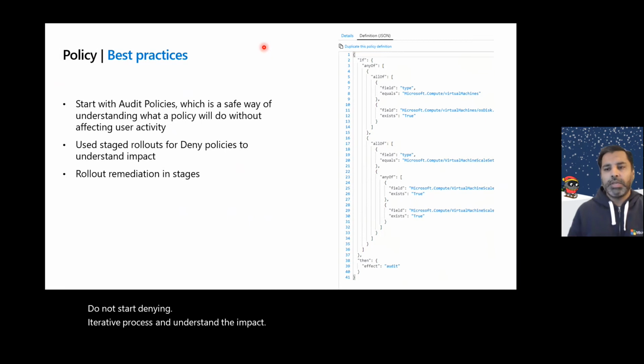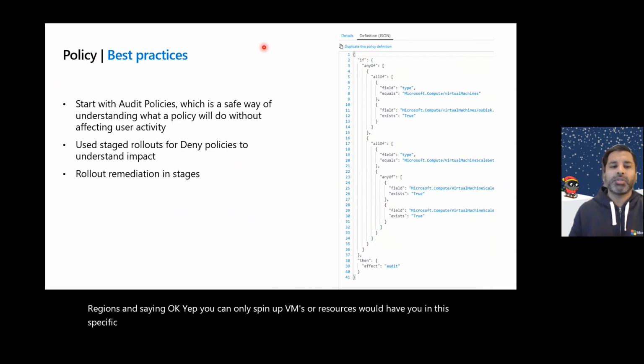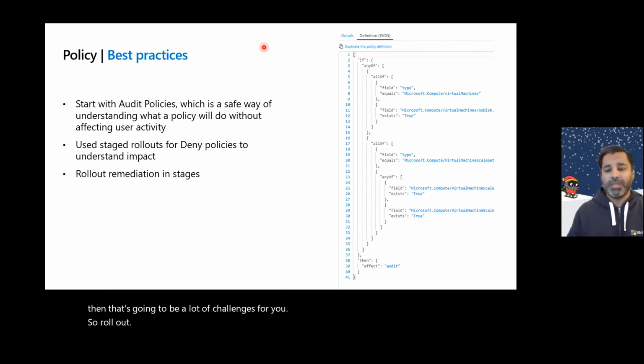For example, you can start by denying regions, saying you can only spin up VMs or resources in this specific region, and let that impact show. Because if you deny everything, that's going to be a lot of challenges for you. So roll out remediation in stages.